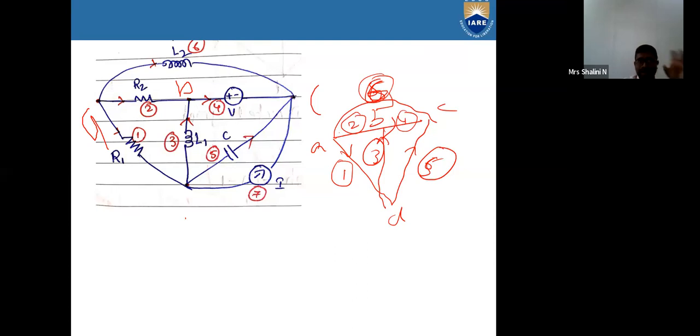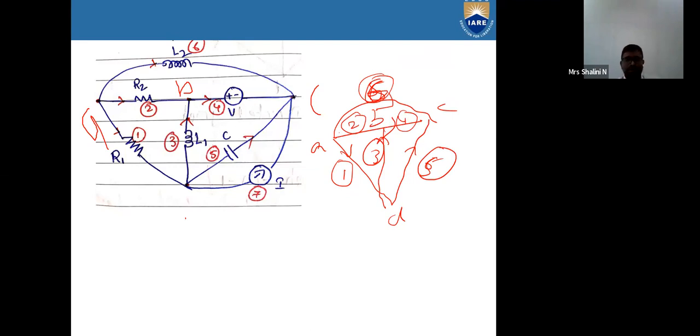Otherwise, you have to take a random direction. It is very important, because depending upon this direction, in upcoming topics like the incidence matrix, tie-set matrix and cut-set matrix, identification of direction is very important.